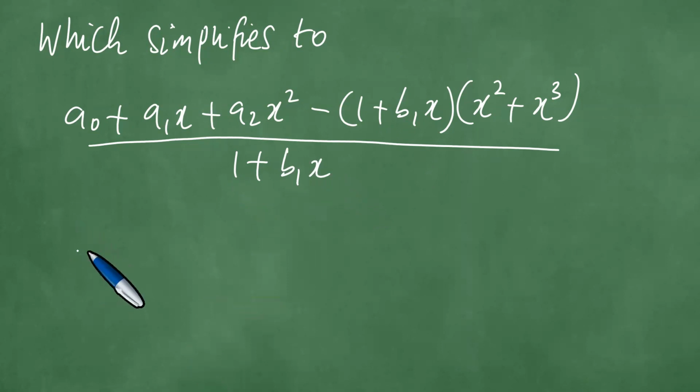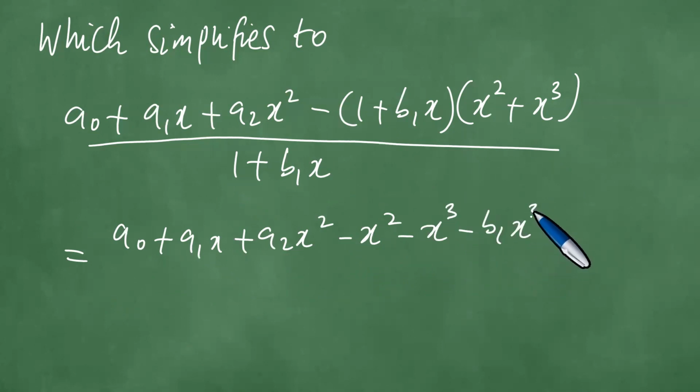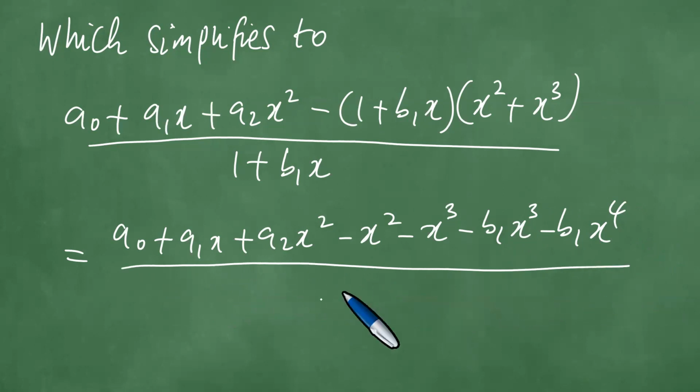And then let us see what this gives us. It's a0 plus a1x plus a2x squared. If you distribute here, it is minus x squared minus x cubed minus b1x cubed minus b1x to the fourth power, divided by this.